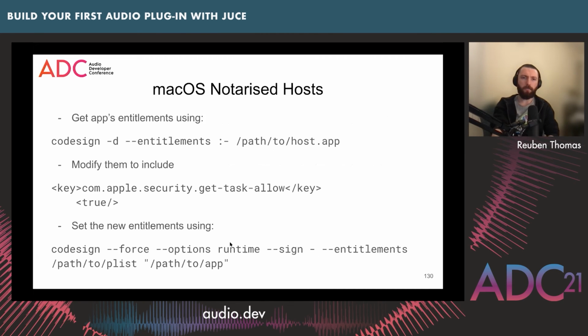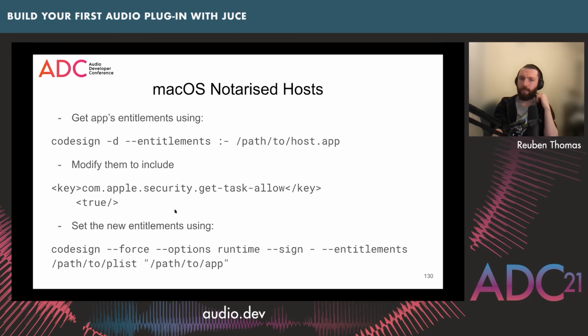So it sounds a bit scary, but luckily it's quite straightforward. And the steps are just here. So we can run this codesign command, and this will output all of the entitlements that are set on a particular app. So this is our notarized app here. That will put all of the entitlements into a file. So we can edit that file to add this line here, adding this com.apple.security.get-task-allow key. At this point, we've sort of missed a step here.